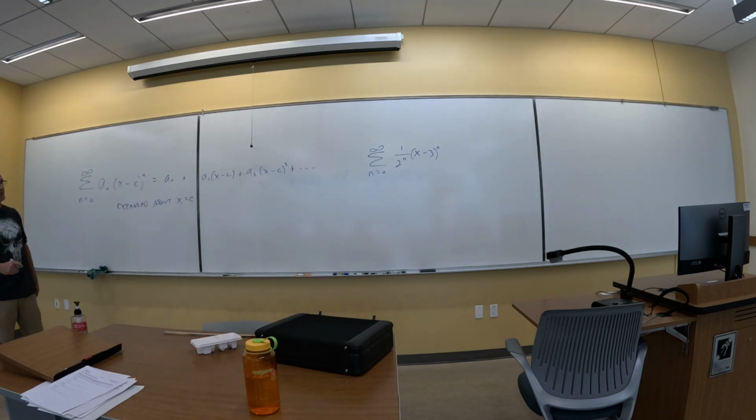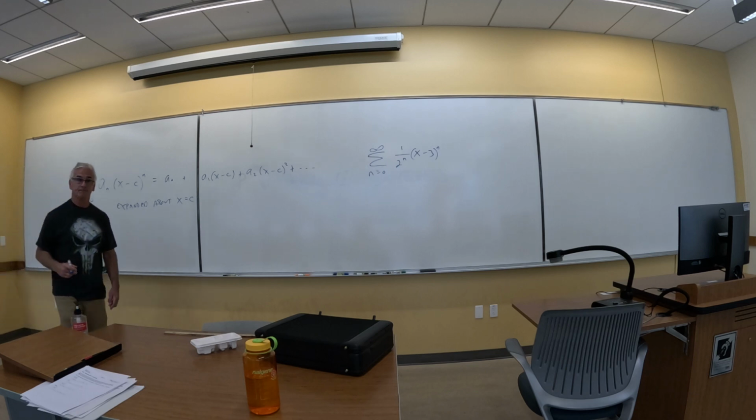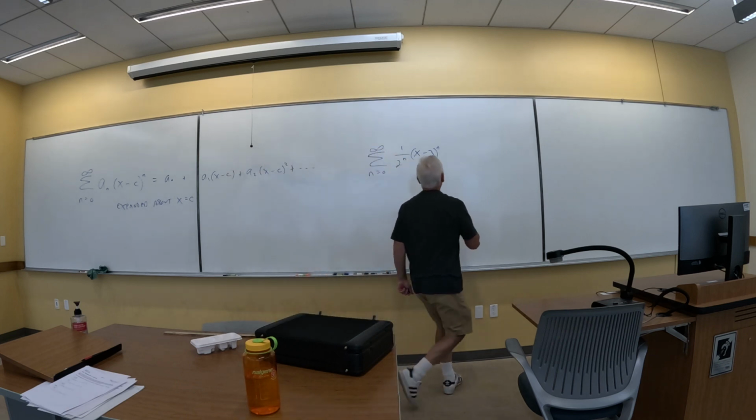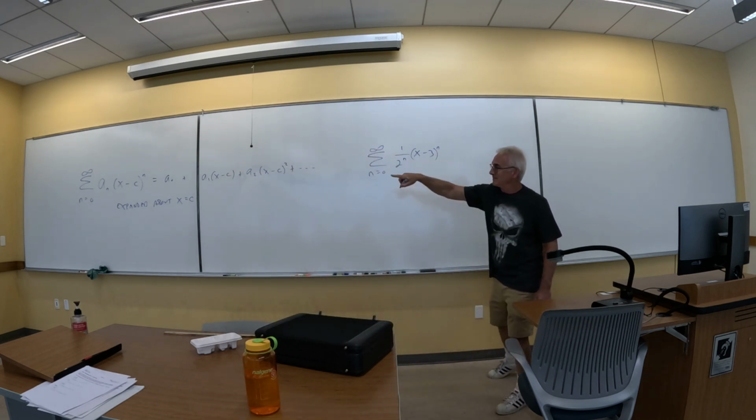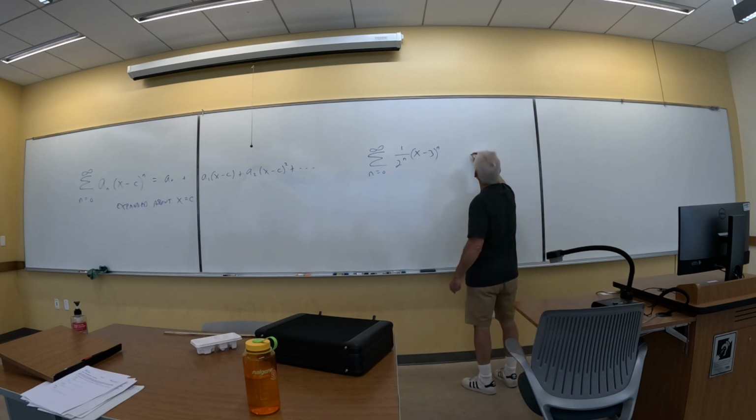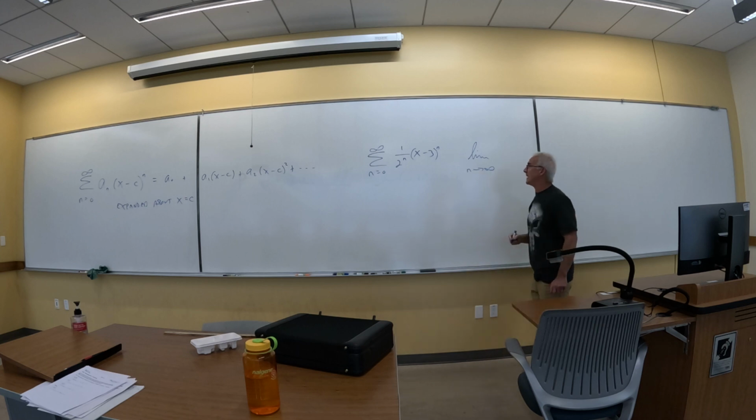So what we have to do is determine where this will converge, where it will not converge. Okay? So how do I do that? Ratio test. It will always be the ratio test, partly because it's always going to be in the form of an exponential. So our ratio test says we're going to take the limit as n goes to infinity. Now, what is the n plus first term?